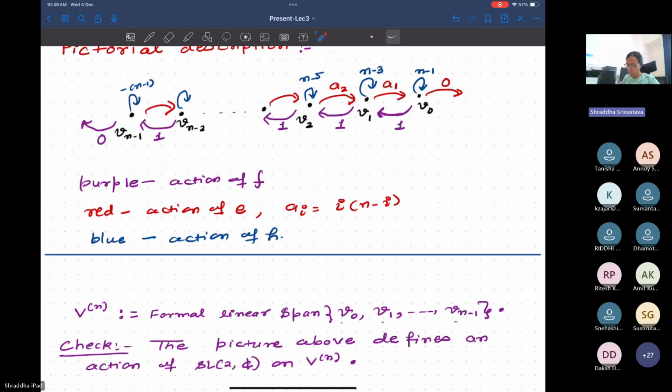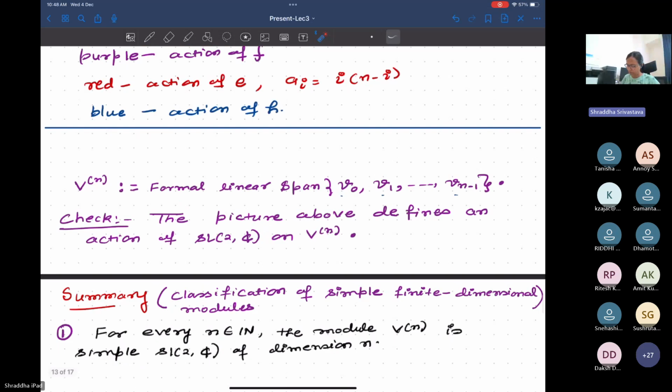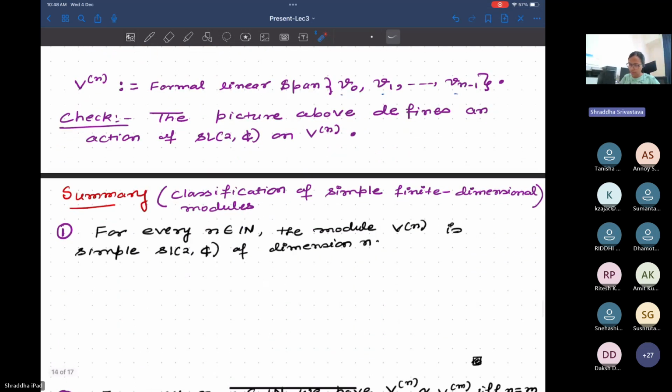You check that it is actually an SL2C module. So what is the guarantee that it's irreducible? Let us address that. If I define formally a representation like this, then we also have to address why it is irreducible. This is all basically going to give us a classification of irreducible representations of SL2C.